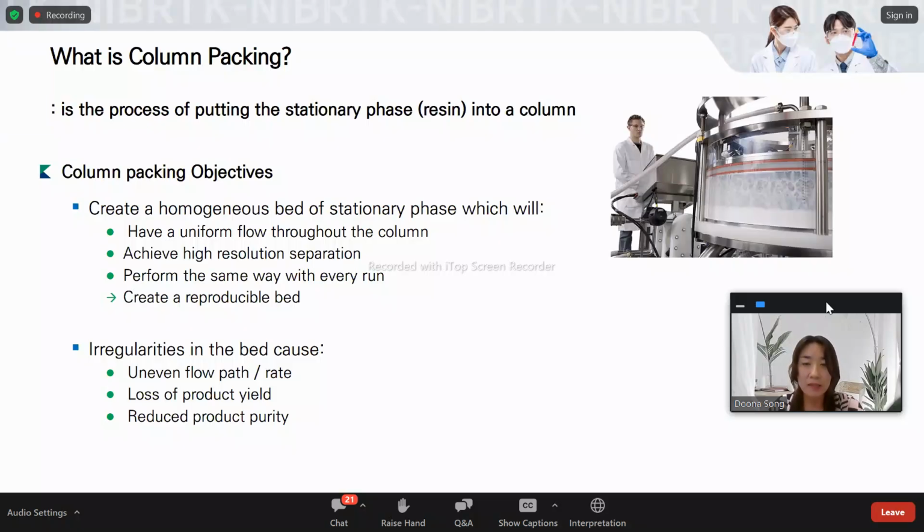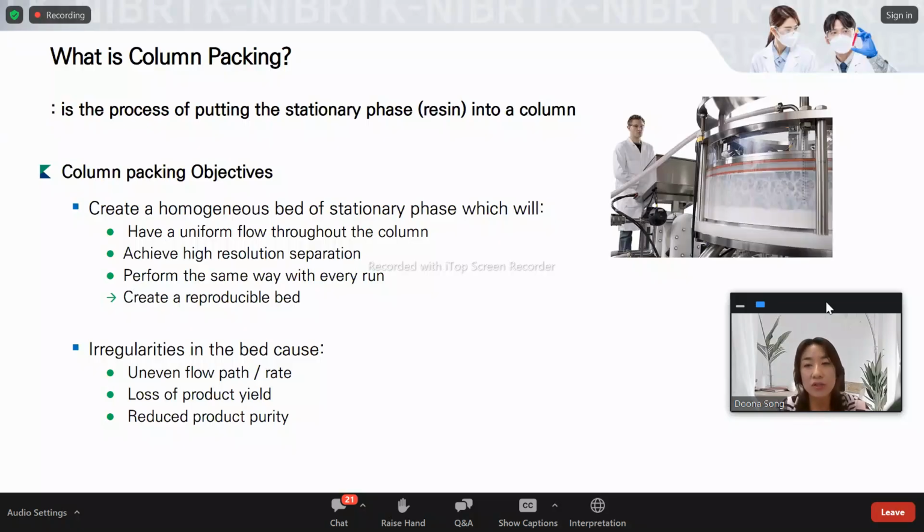This means it creates a reproducible bed. A reproducible bed ensures the separation characteristics, such as resolution, efficiency, and capacity, remain consistent from one batch to another. This is critical for obtaining reliable and repeatable results in chromatography.